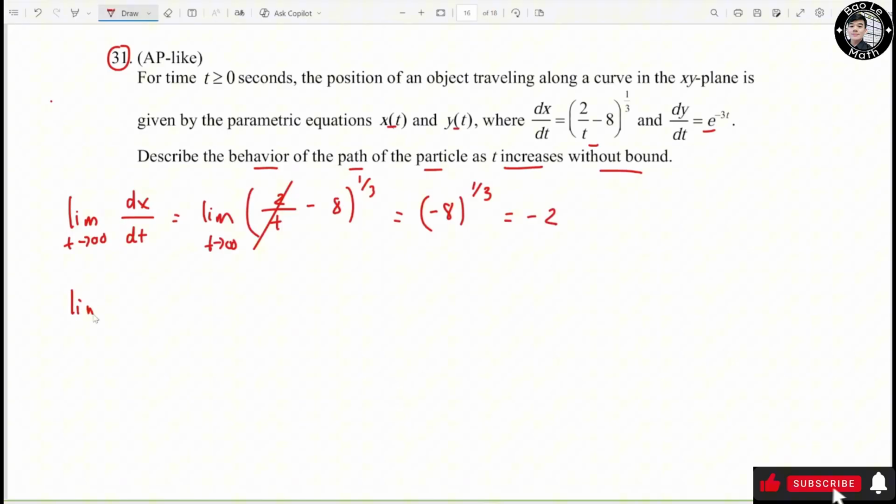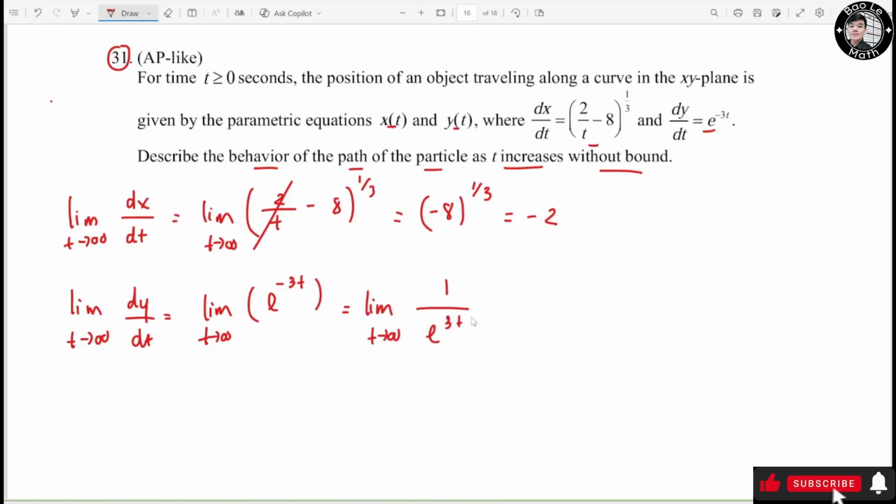Now, the limit of dy over dt when t approaches infinity is going to be the limit of e to the negative 3t when t approaches infinity, which is the limit of 1 over e to the 3t. It's going to be 0. We need to find the limit of dy over dx when t approaches infinity, which means the slope of the path.